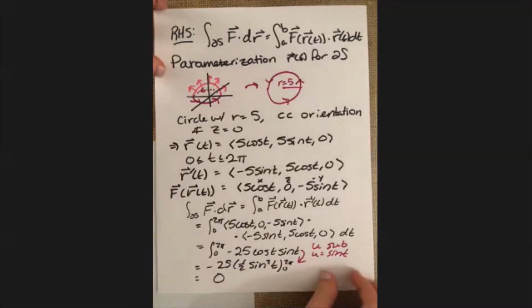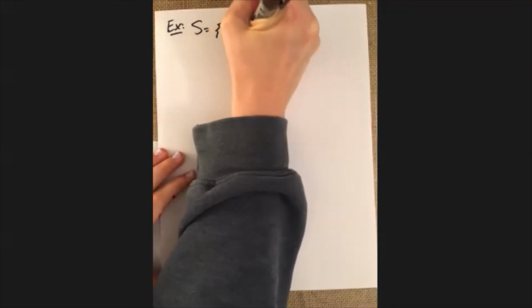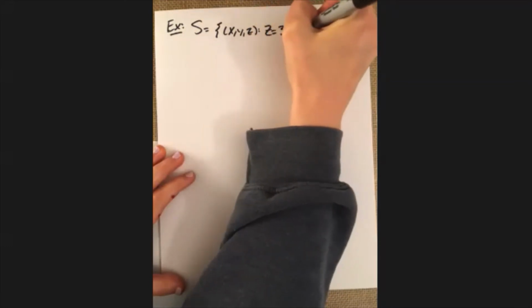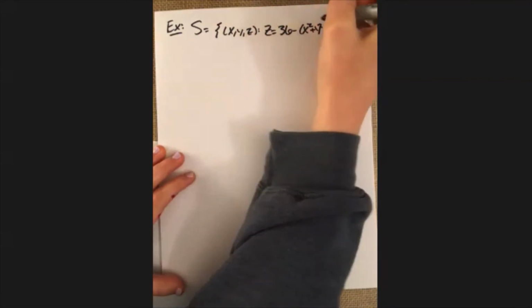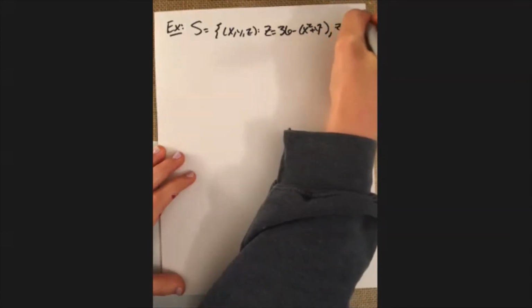Good. We have one more example. All right, so this one, our surface is the set of x, y, z such that z is equal to 36 minus x squared plus y squared, and z is greater than or equal to 0.